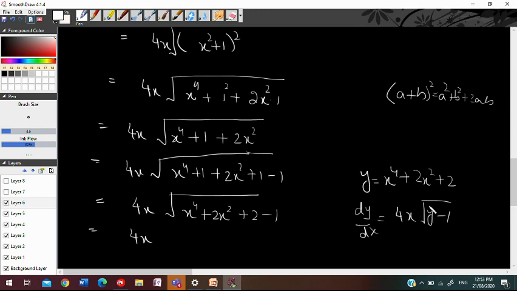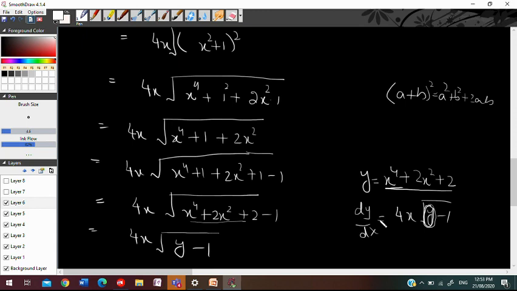Y means here we have to put this value x4 plus 2x square plus 2, and this expression I have derived here. So instead of writing this, I write y minus 1, and this is what I'm going to prove.